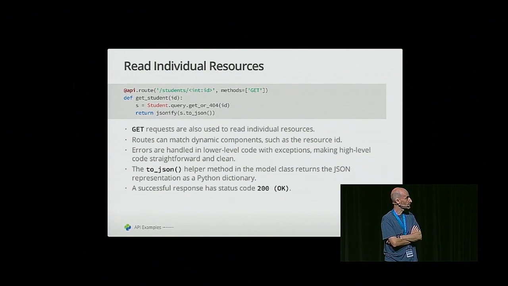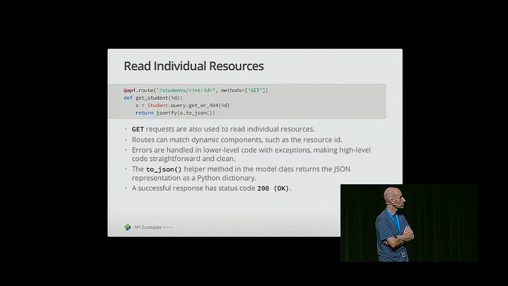For this one, since I need to have a unique URL per student, I have a dynamic component in my route, which you can see with the angle brackets. So I say that my URL for a student is /students/ and then the numeric ID. This is my primary key in my database. And that is my choice. I chose to do it this way.